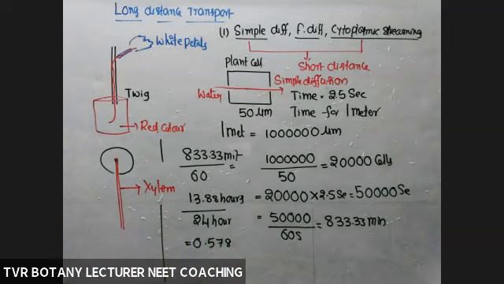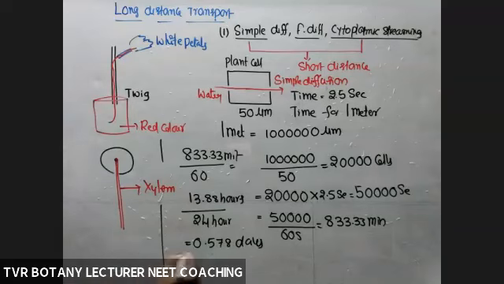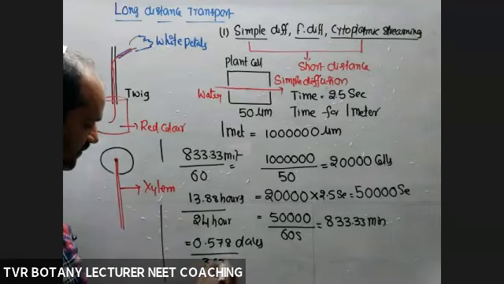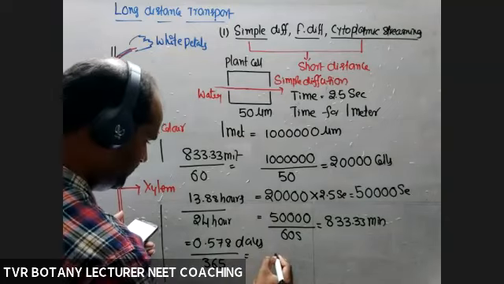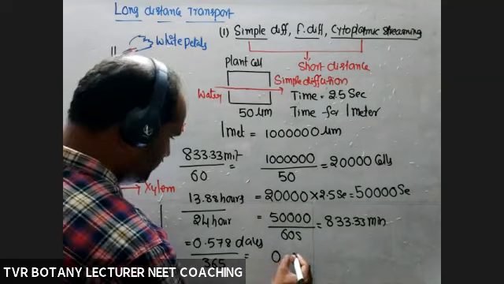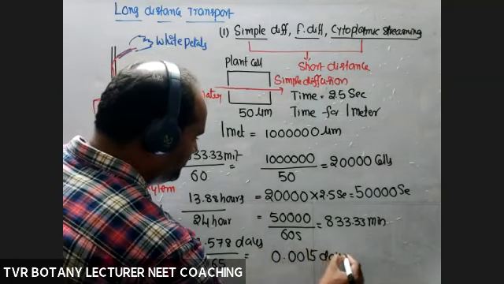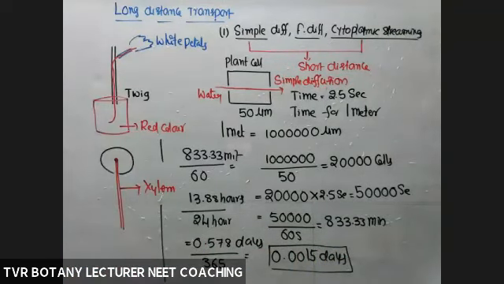0.57 days. And what they asked? Years they are asking. So divide this one by 365 days. So what about the value for that? The value is 0.0015 years, sorry, it was years. So this is a way to answer, or follow your own method.